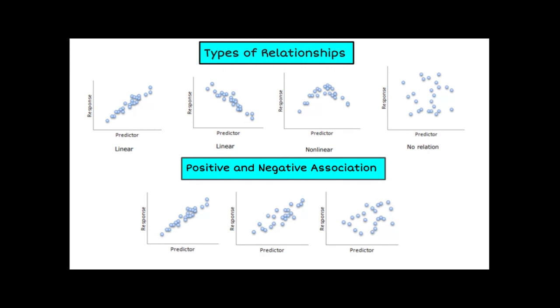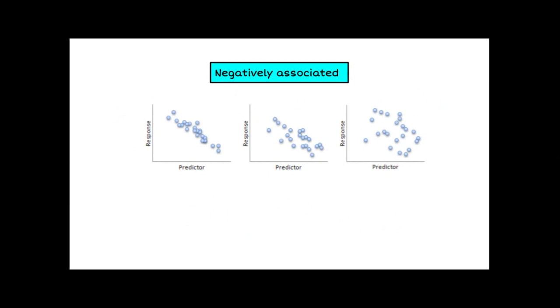These are all positive because when we read the plots from left to right, it's going up. And these are some examples of what scatter plots might look like for two negatively associated variables. When we read it from left to right, it's decreasing.